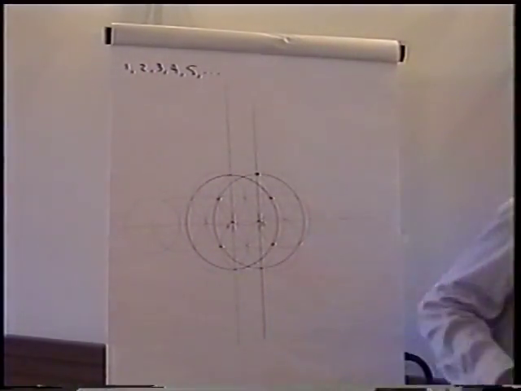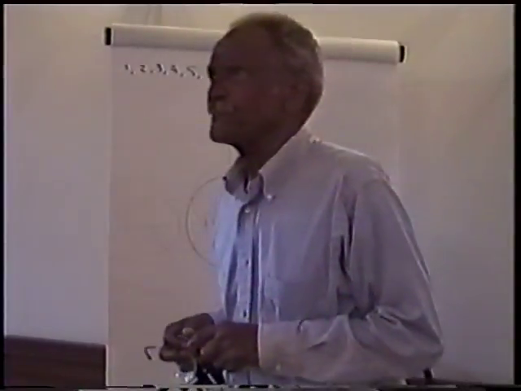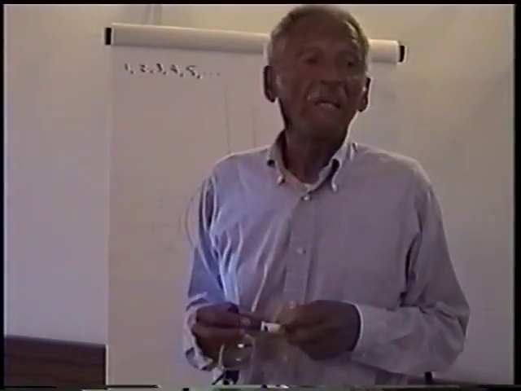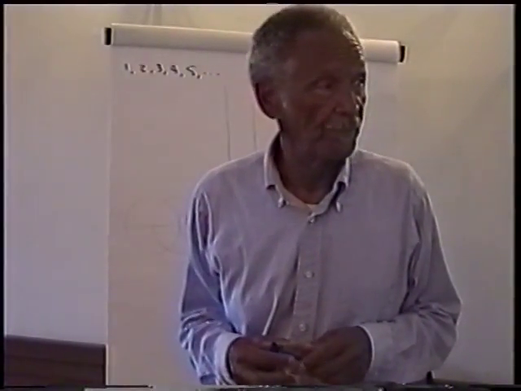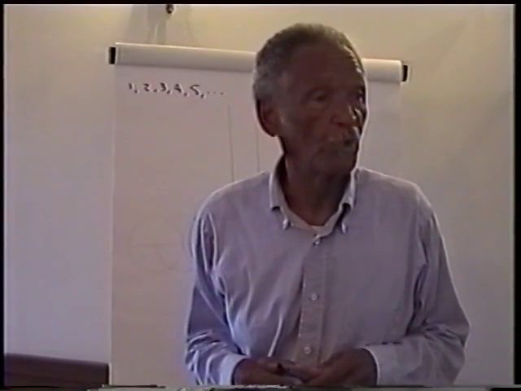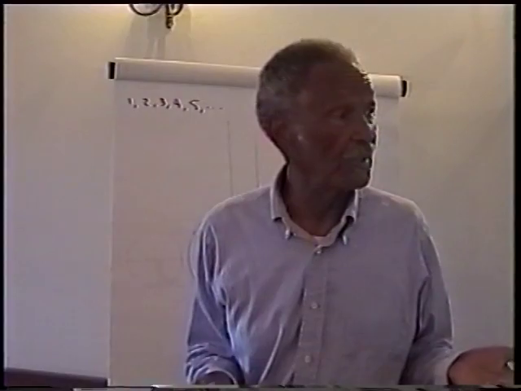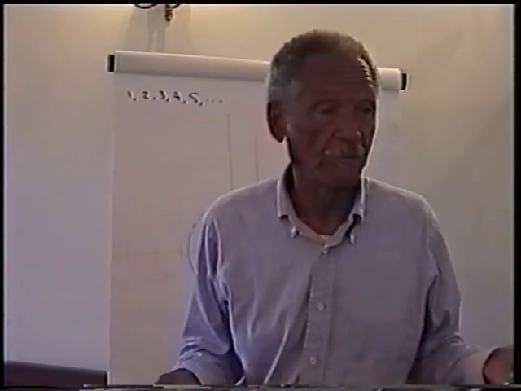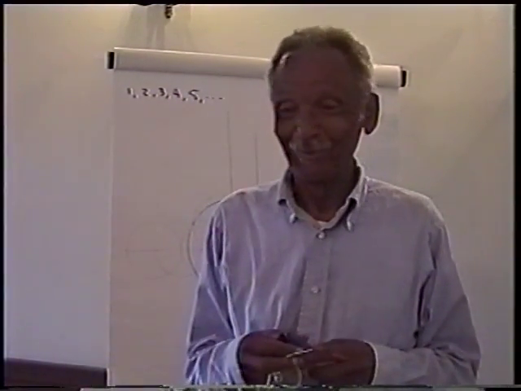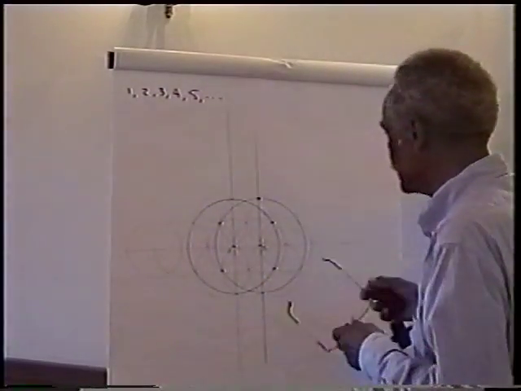Now I'm going to draw a couple of blue circles. What I'm doing is handed down from more than 2,000 years, and this is how it's done. And the first time you see it, you have nothing more than to sit back and take it.